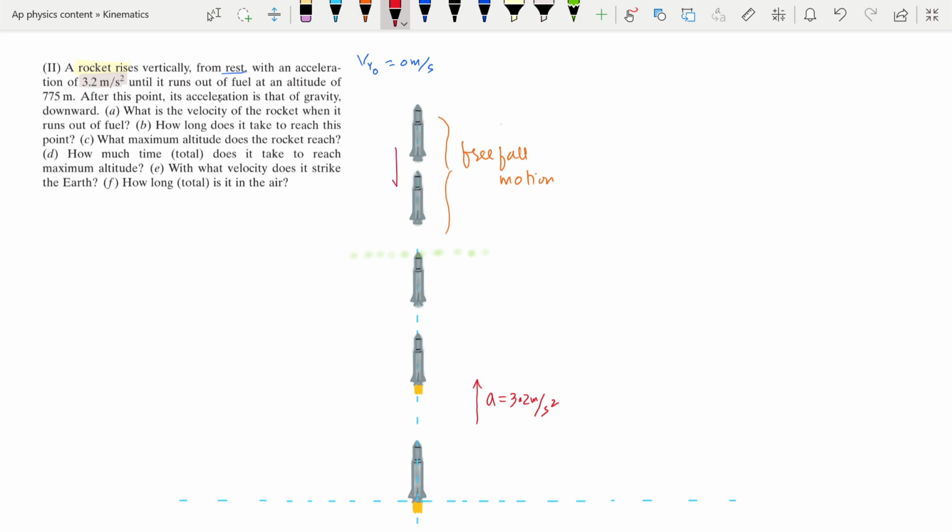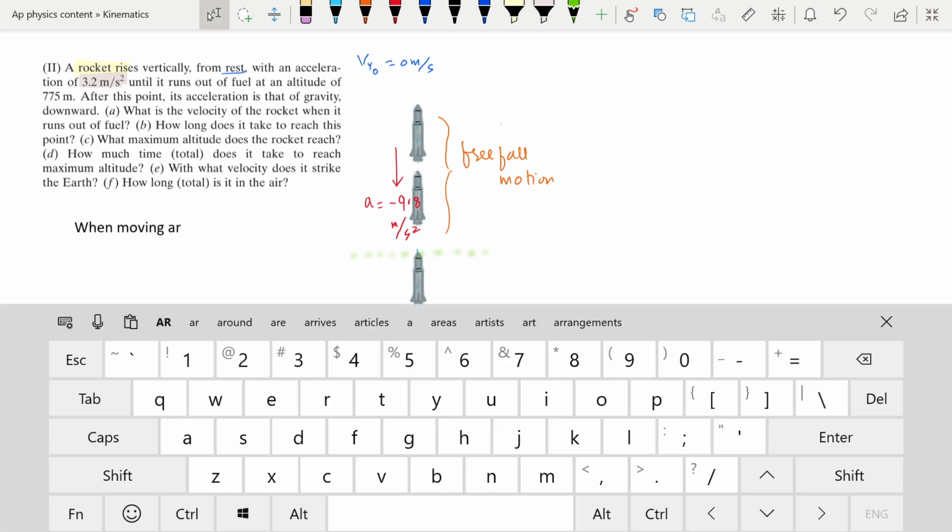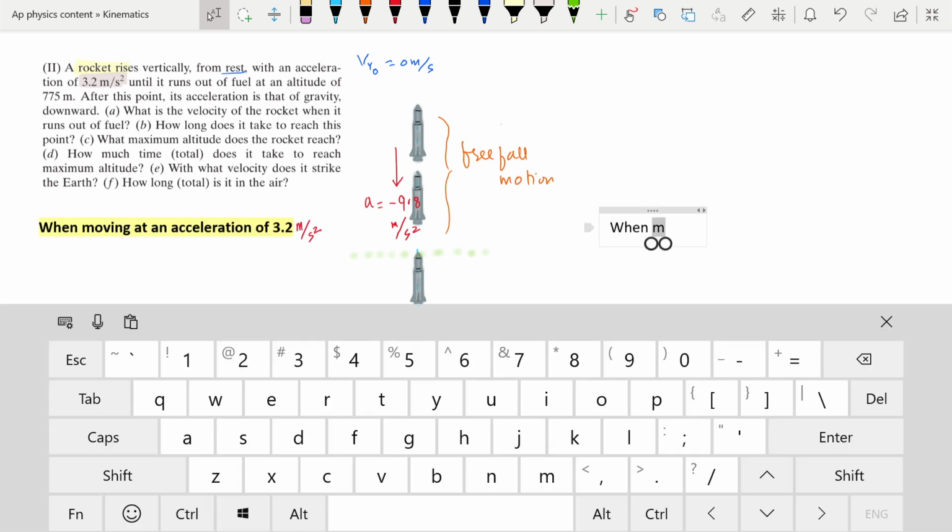So during this, acceleration is negative 9.8 meter per second square. So we divide the complete motion into two segments. The first one is when moving at an acceleration of 3.2 meter per second square, and the second is when moving under an acceleration due to gravity.